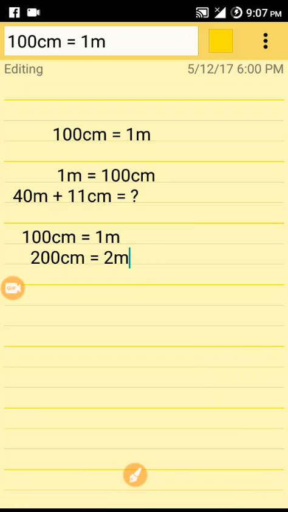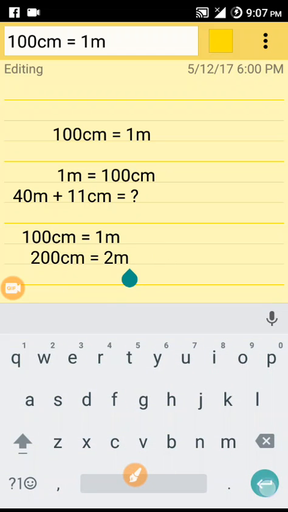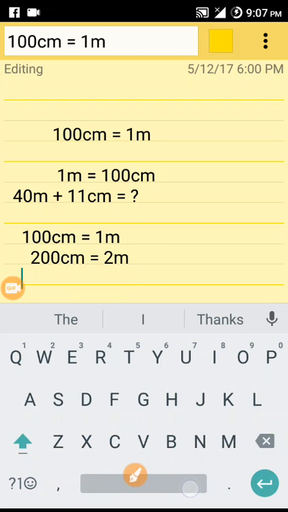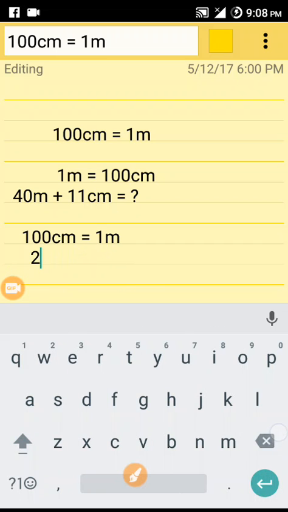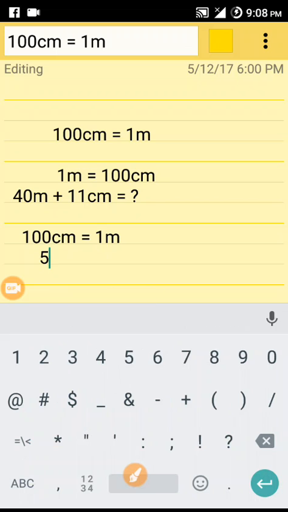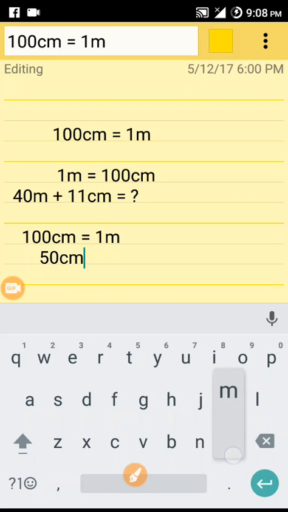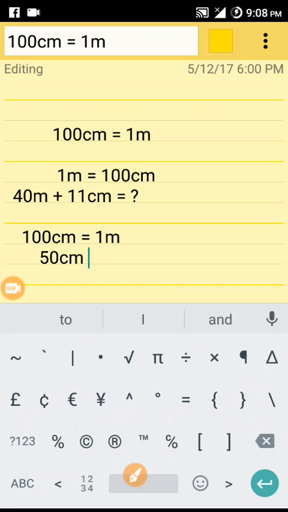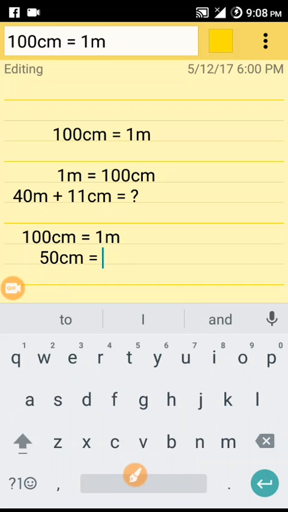Okay. If we have the idea, now let's descend. Let's come back. We shouldn't take bigger figures. If 100 centimeters is given as 1, then half of 100, which is 50 centimeters, should give us half of 1.